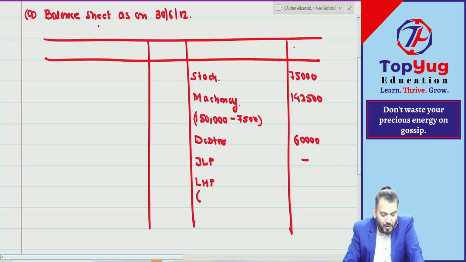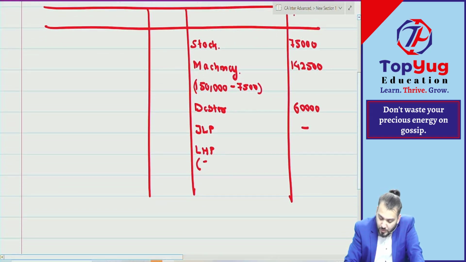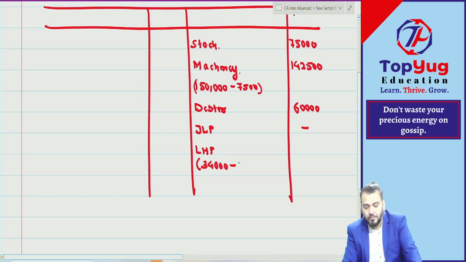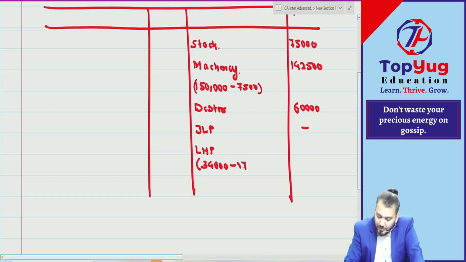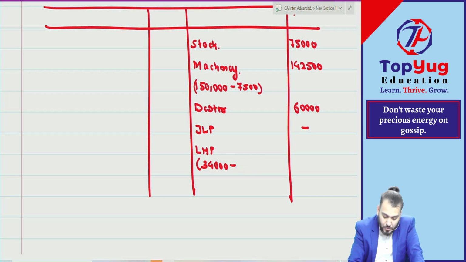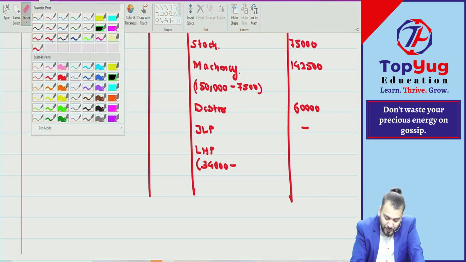Then leasehold premises depreciation at what rate? So 34,000 minus 1,700. But we will also do it for 6 by 12, so minus 850.